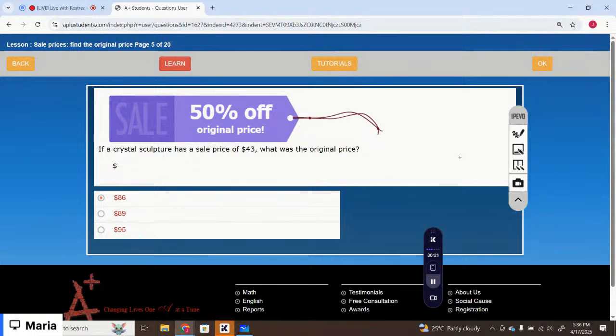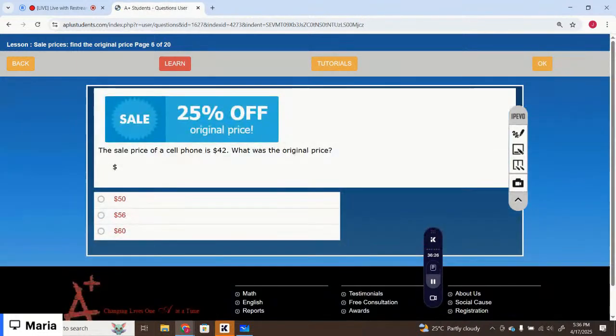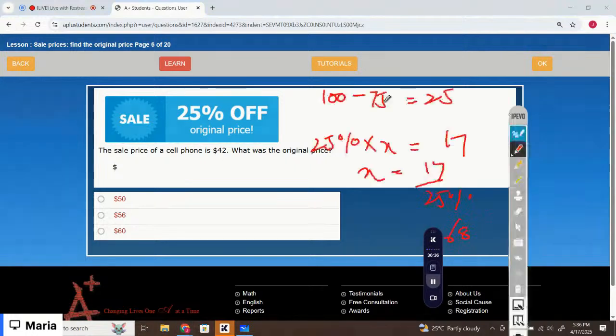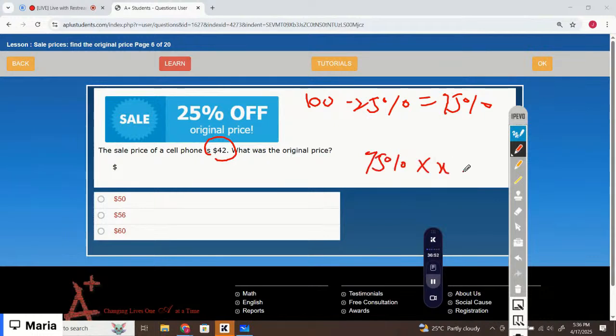The sale price of a cell phone is $42. What was the original price? So you paid 25%, right? So 100 minus 25% equals 75%. So 42 is 75%. 75% times x equals 42. So x equals 42 over 0.75. That is $56.